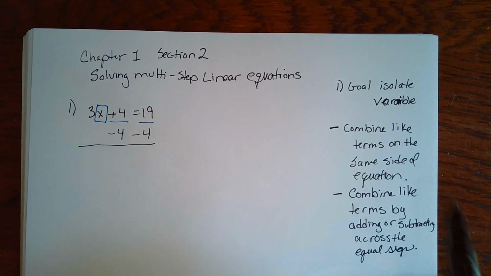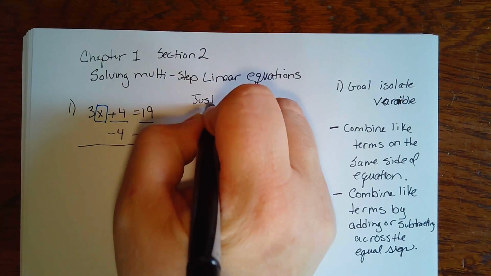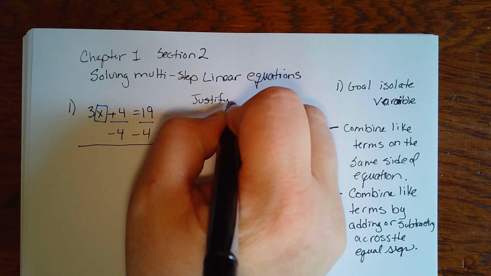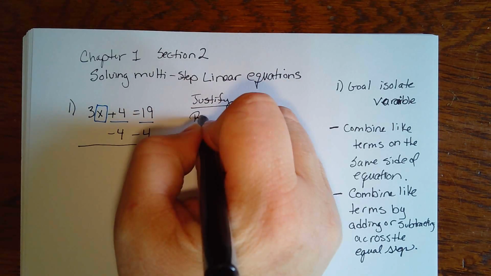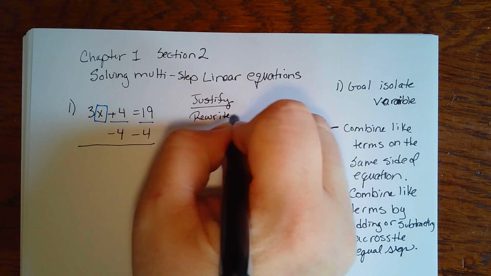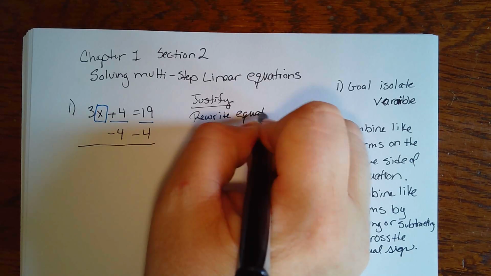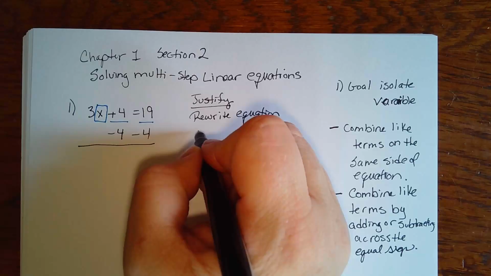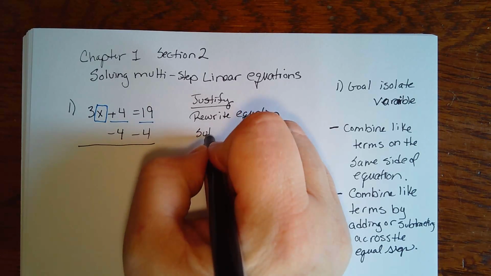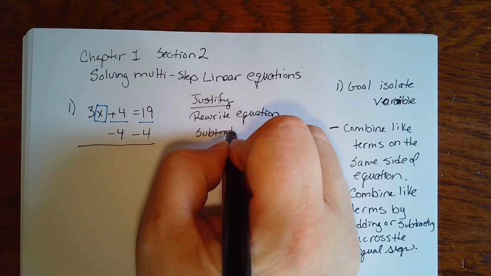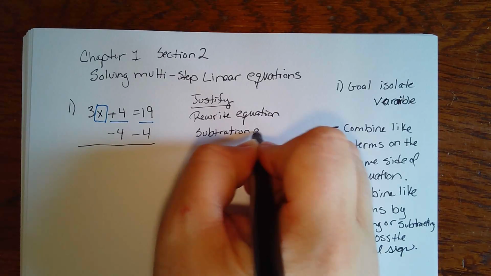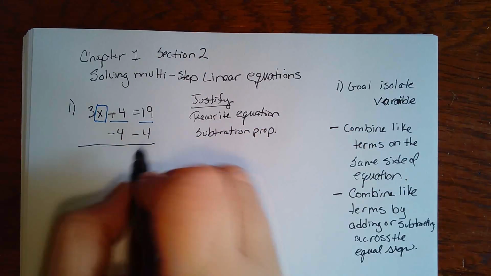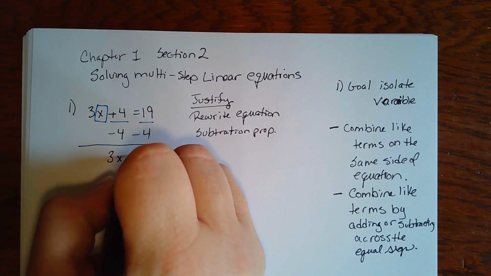Now don't forget, you're still going to have to justify your steps. So we did a rewrite equation. And then what we're going to do here is we're going to say subtraction property. So I'm going to have 3x equals 15.